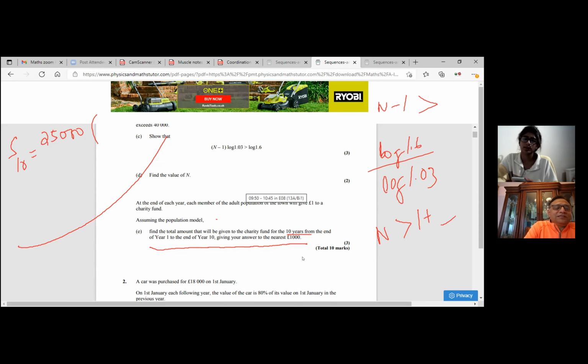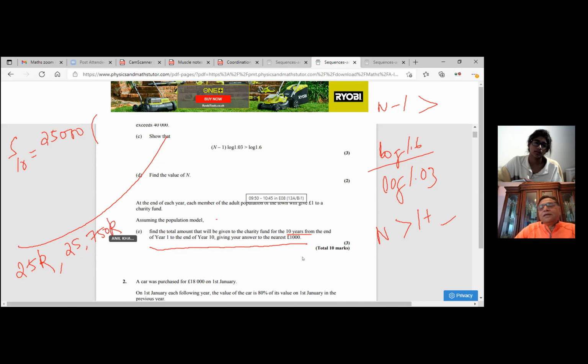Yeah. So first year will be 25,000. Let me write K for 1,000, right? Second year, 25.750, correct? Yeah. So you have to add each one of these values, correct? Oh, I see. Yeah. You have to add all of these values for the 10 years.